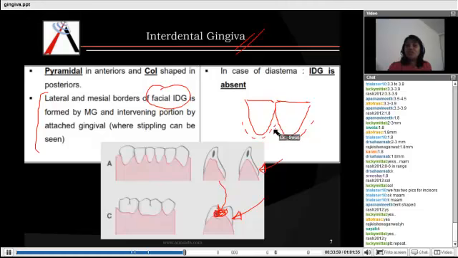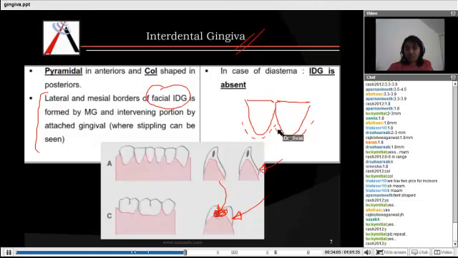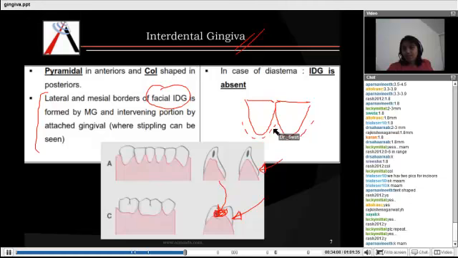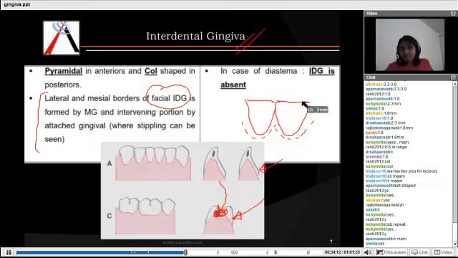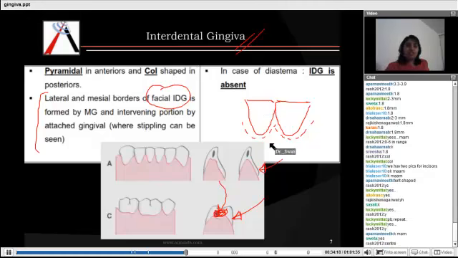Because we saw stippling only in the attached gingiva. So attached gingiva is present only in the center of the interdental gingiva. Okay? Clear, all of you? Kamal, Priya, Shrisha? Okay, so this is about the interdental gingiva.